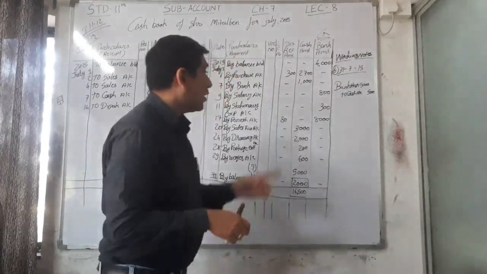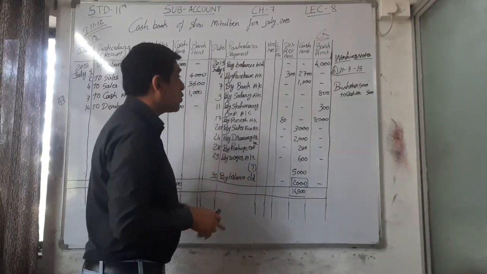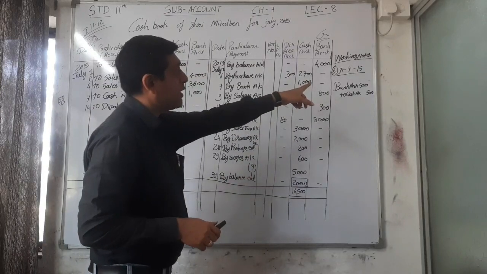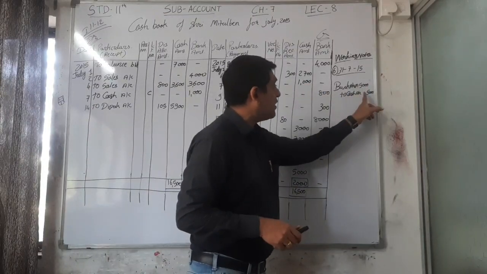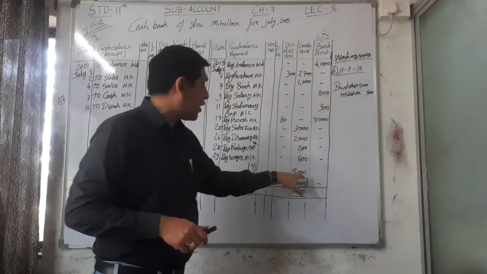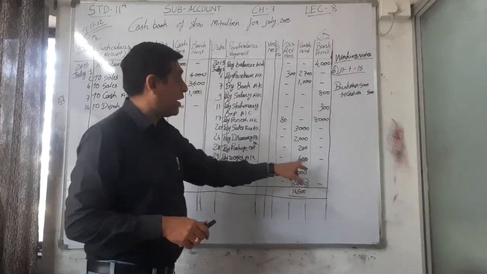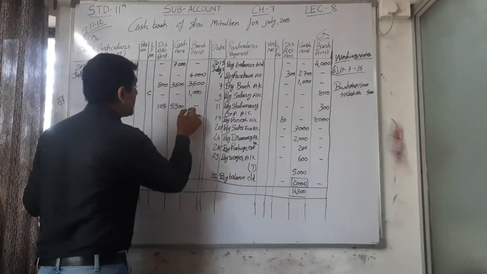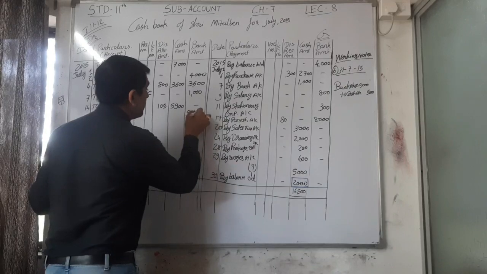Okay, so here again it is a contra entry. That's why we have to record it in the bank column on the debit side and in the cash column on the credit side. We already recorded it in the cash column credit side. Now you record it on the debit side of the bank column.